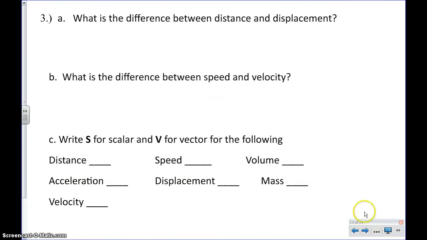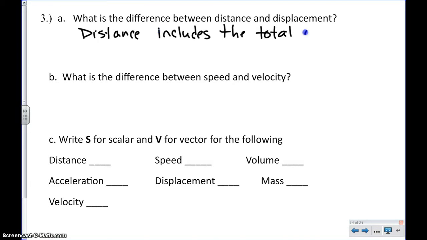Moving on to some actual physics. What is the difference between distance and displacement? Distance includes the total meters or yards or miles traveled. Can't put a D there. That's ugly.